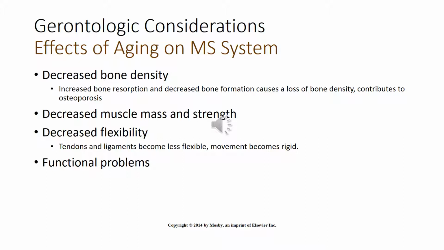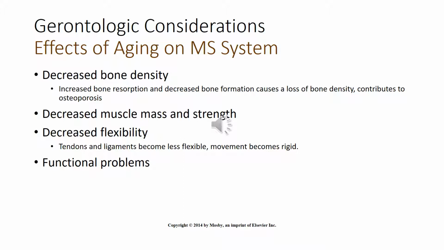So this may affect their self-care tasks, ability to take care of themselves, doing their ADLs. This may range from mild discomfort and decreased ability to perform ADLs all the way to severe and chronic pain and immobility.